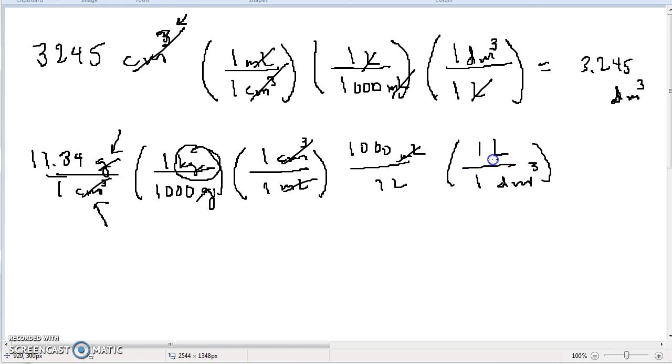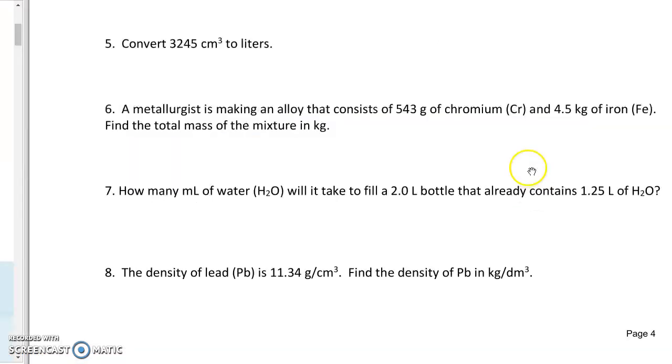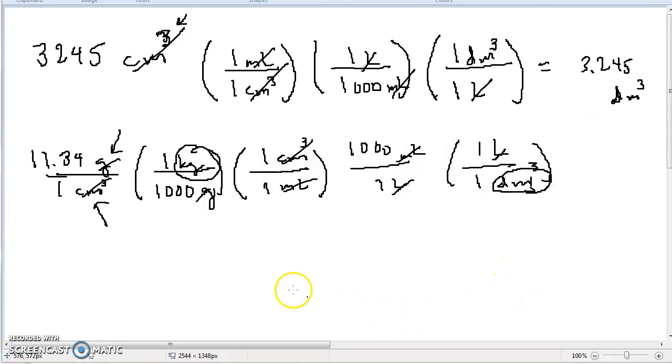So we can cross liters out, and notice I've got cubic decimeters on the bottom here. And that's what I wanted, because in the problem it asks for kilograms on top and cubic decimeters on the bottom. So the answer is just going to be 11.34 with 4 significant figures, kilograms over cubic decimeters. There they are, the kilograms, right there, over the cubic decimeters, right there.